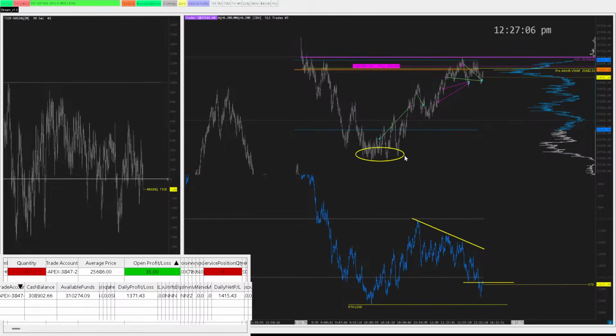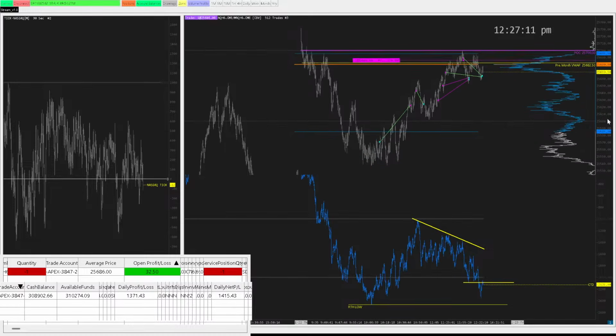Anyway, I just thought that bottom looked funky. I wouldn't be surprised if it wipes it out.